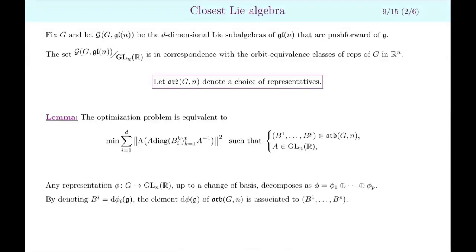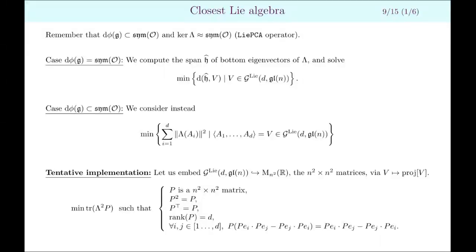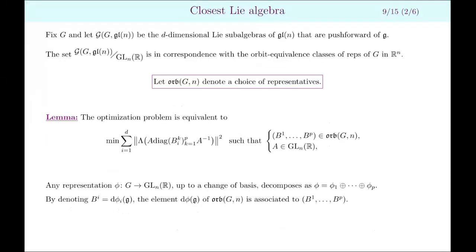So if I rewrite my framework specified for G, then I work in this quotient space, which is precisely the orbit equivalence classes of representations of G. And for the sake of implementation, I will choose an explicit and arbitrary representative for each of these orbit equivalence classes. Okay, and then I can take my problem here, specify it to G.